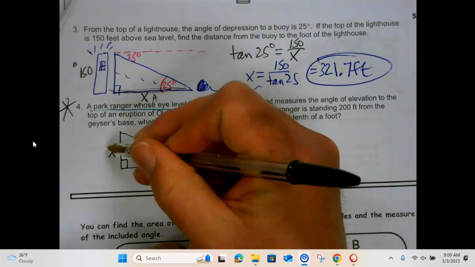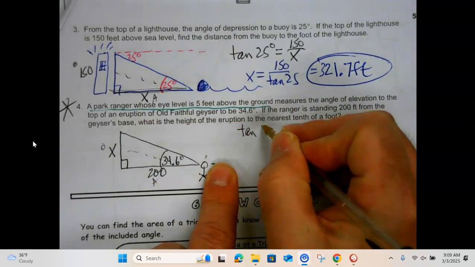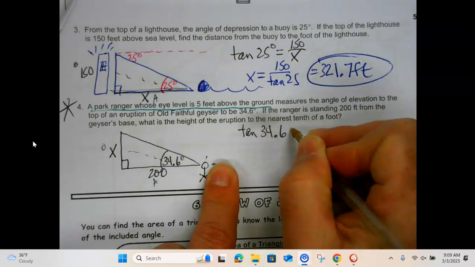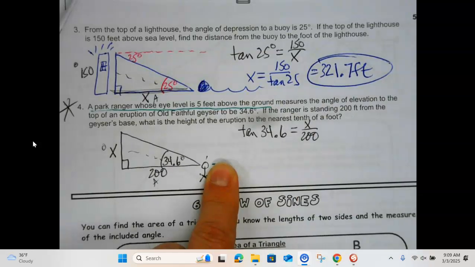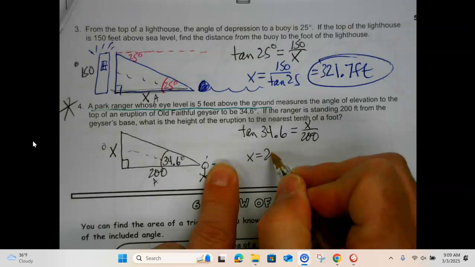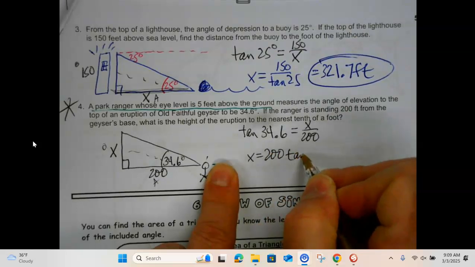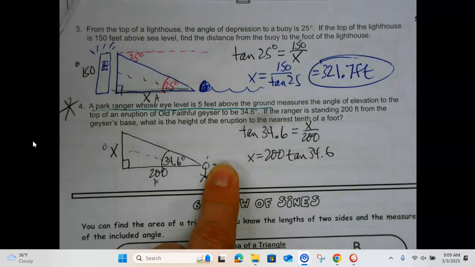So we got opposite, and we got adjacent. So we are back to tangent again. So I get to here, so we got 200 times the tangent of 34.6.